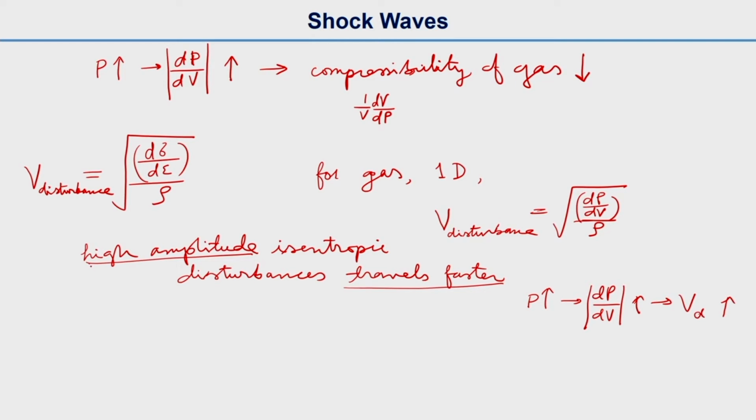So what will happen, the high amplitude part will have a steep front. A steep front will be developed because the high amplitude disturbances will travel faster than the low amplitude disturbance.